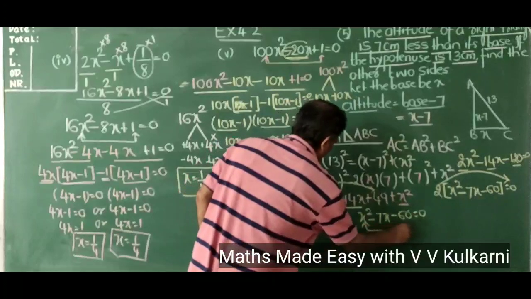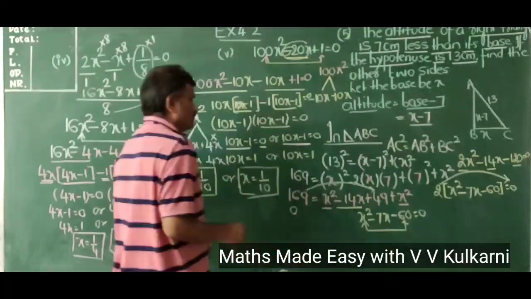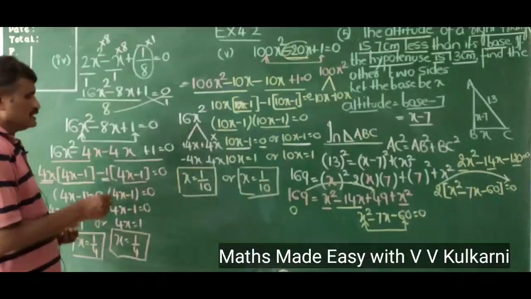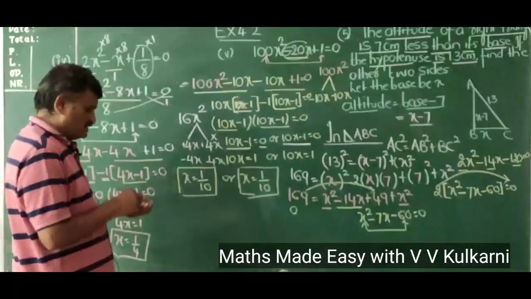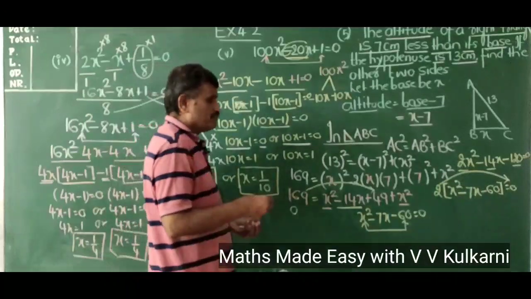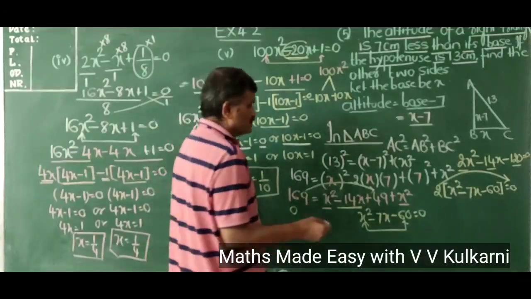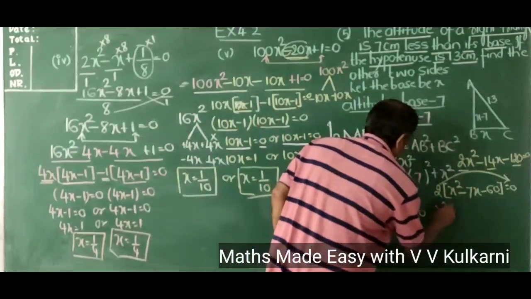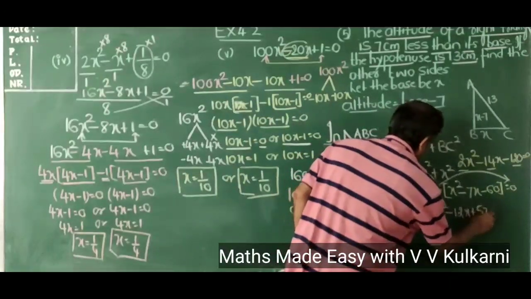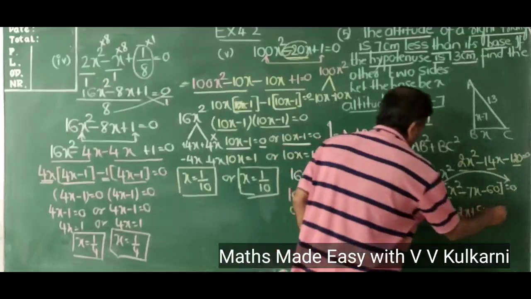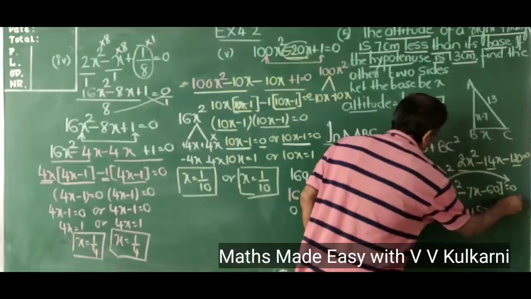If you multiply the first and the last term, you get 60, and for this 60 you have to find factors whose difference gives 7. The factors are very simple, children: 12 times 5 is 60. So x squared minus 12x plus 5x minus 60 equal to 0.